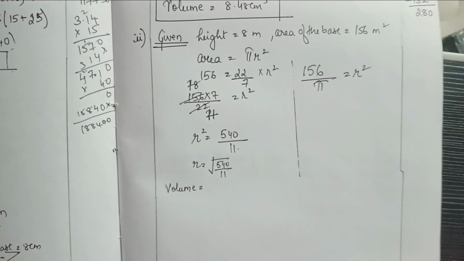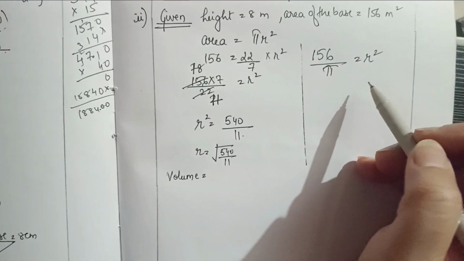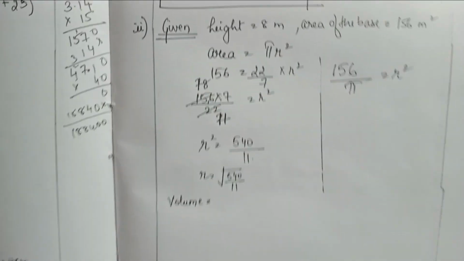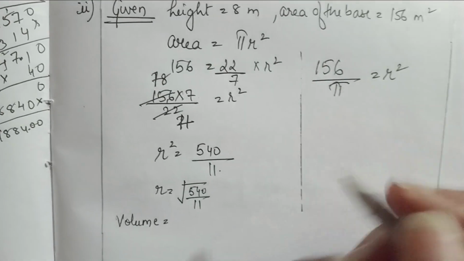To make the calculation even easier, we can just keep it 156 by pi is equal to r square.